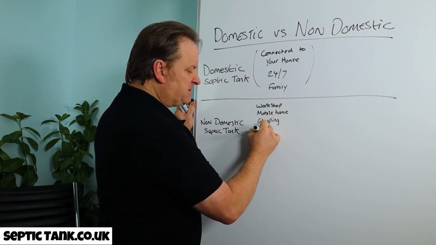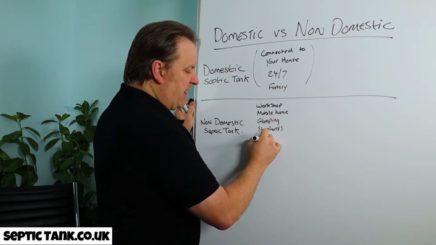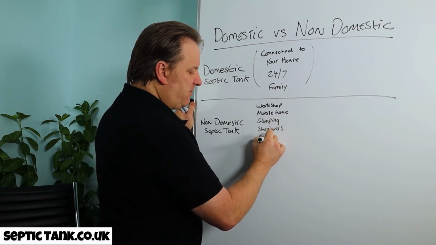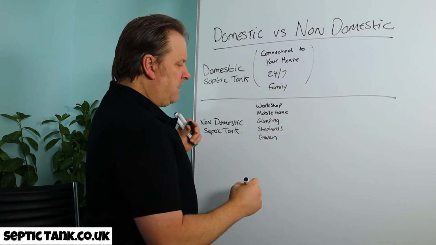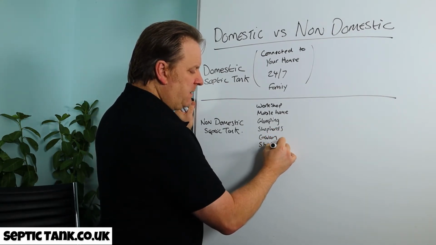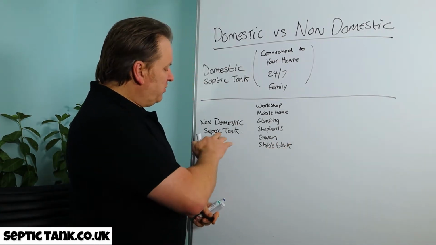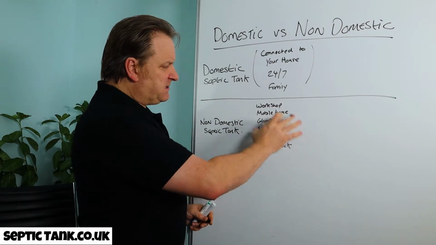It may be a shepherd's hut. It might be a caravan. A stable block, etc. You get the idea, don't you? So a non-domestic septic tank fits these kinds of situations.